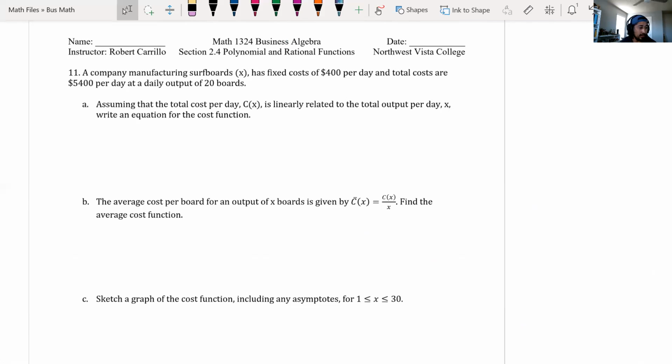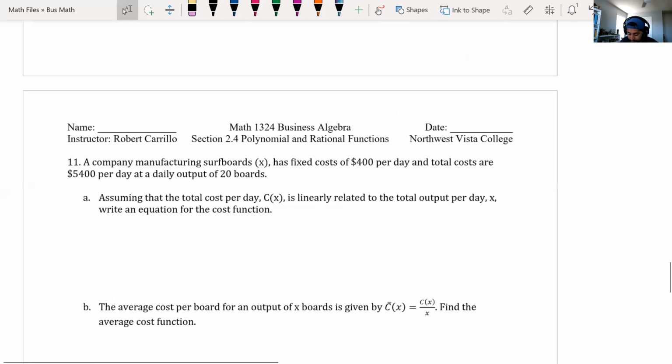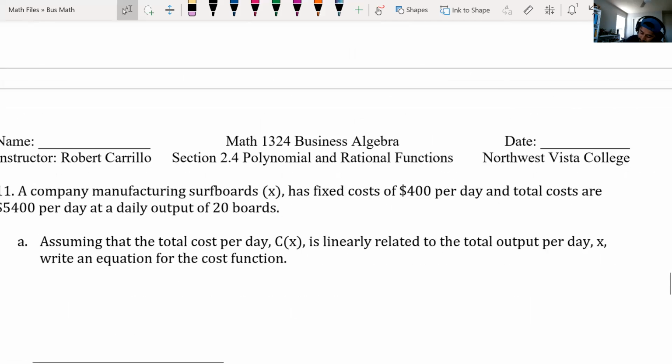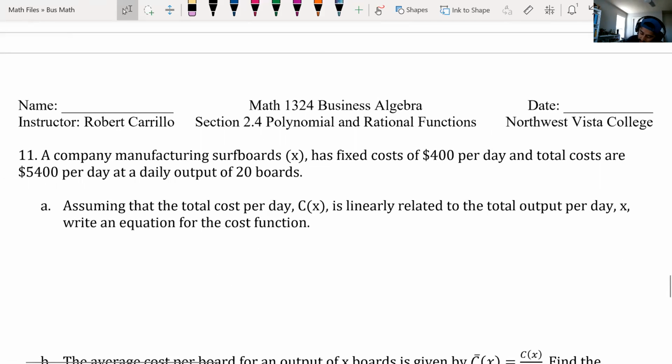So here, I think they're giving us 2 points. So we're going to have to create a cost function from those given 2 points. So this says we have a fixed cost of $400 per day and a total cost of $5,400 per day at a daily output of 20 boards.